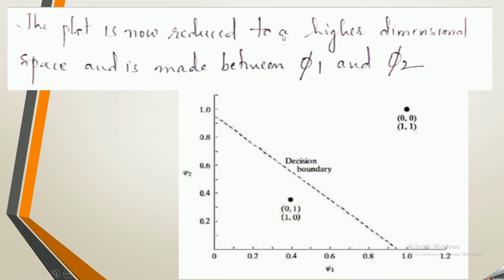So the plot is now moved to a higher dimensional space and is made between phi 1 and phi 2, instead of x1 and x2. And that is why we are able to get this decision boundary, which leads to linear separation.